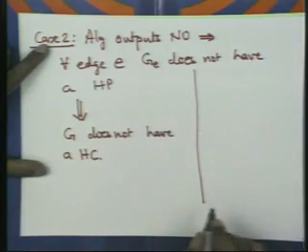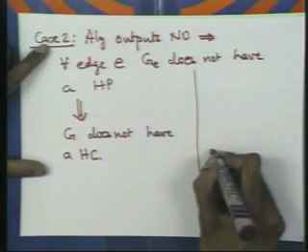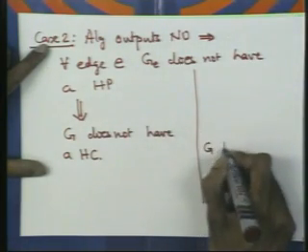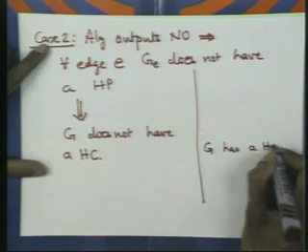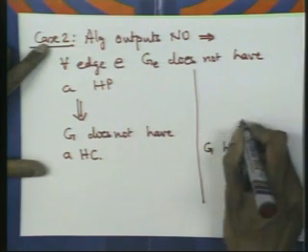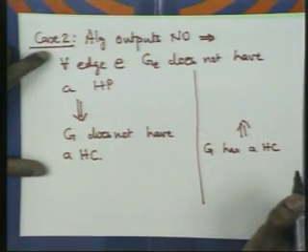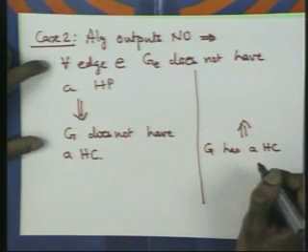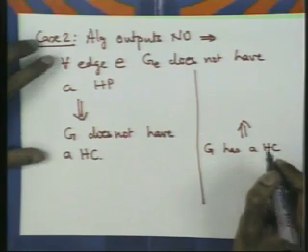Now it's easier to prove the contrapositive, okay, which means this statement which I have written is equivalent to saying the following. Let me write the equivalent statement on the right hand side. So I'm going to say that G has a Hamiltonian cycle. This implies, okay, if G has a Hamiltonian cycle, what should happen?